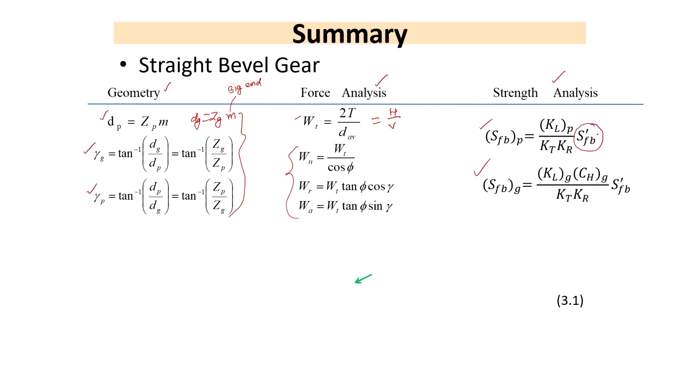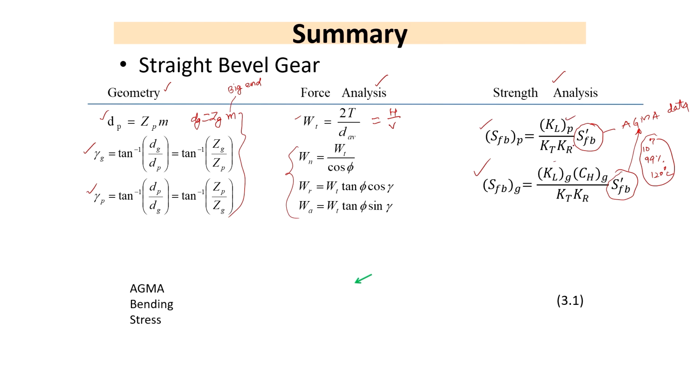Then these are the strengths. The surface fatigue strength is determined from the AGMA, American Gear Manufacturers Association data. This again we get from this, and this is based on 10 to the power 7 number of life, reliability equal to 99% and temperature less than 120 degrees centigrade. So, if the condition in which our gear has to work is other than this, then we have to multiply it by different factors.